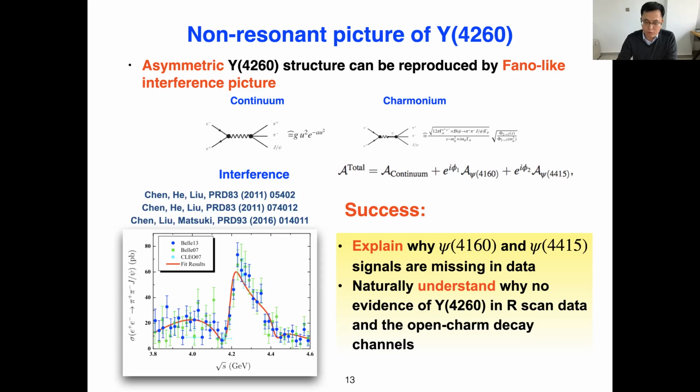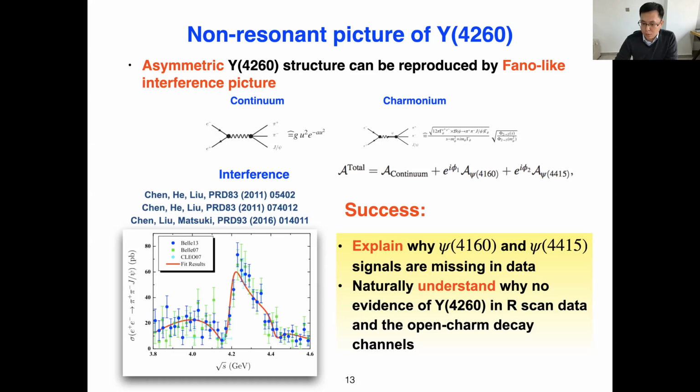When we faced this situation, we proposed that maybe the Y(4260) can be reproduced by the interference between the psi(4160) and psi(4415). We did a calculation in three papers. We found that we can reproduce the experimental data well.